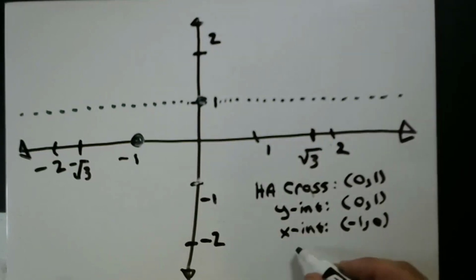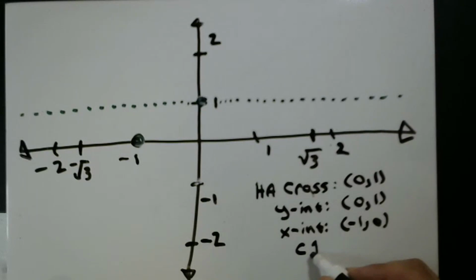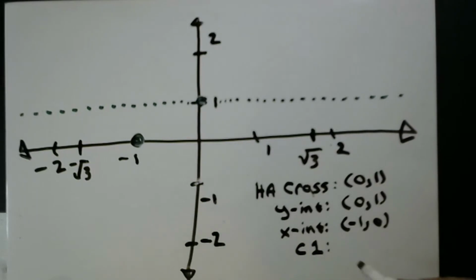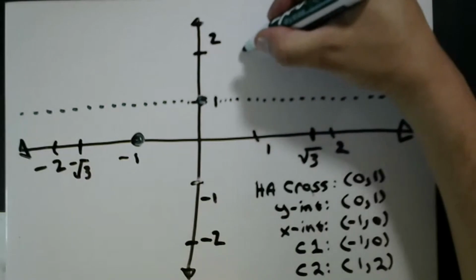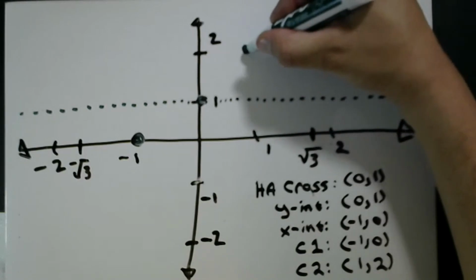But one of our critical points, I'll call it C1, was also (-1, 0). And then a second critical point, I'll call it C2, was (1, 2). So it was up here.